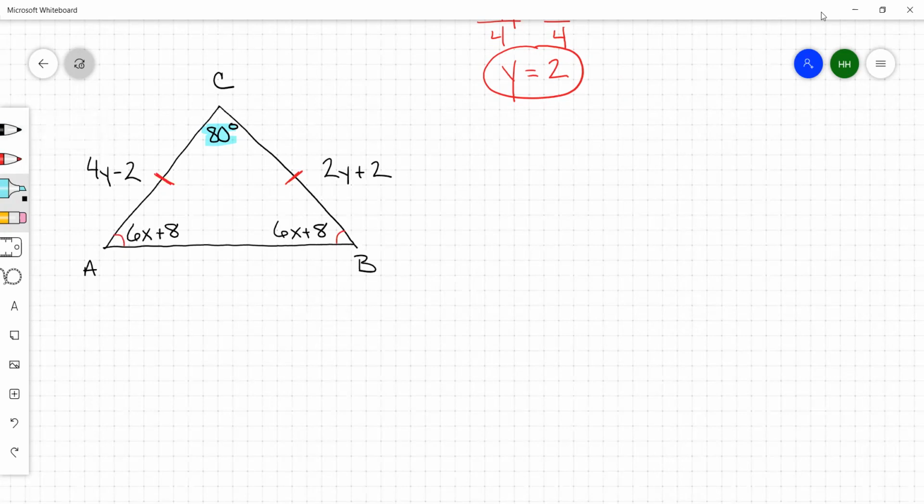So I'm going to solve for x first. Now, look, you can either write 6x plus 8 plus 6x plus 8 plus 80 equals 180, or you can say that 2 of the 6x plus 8s plus 80 equals 180. You can subtract the 80 from each side.